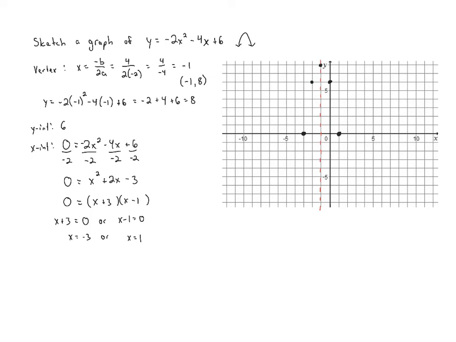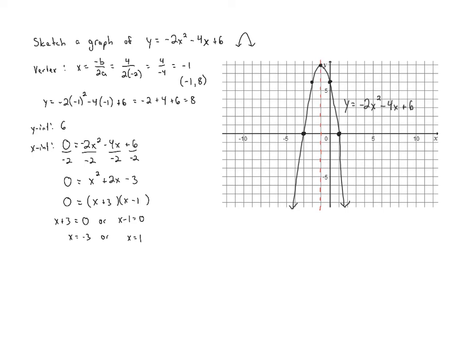So we've just used that symmetry. We didn't do any calculations. We used the symmetry to get one more point, and that is nice because it helps guide us as we draw our beautiful parabola like that. And this is the graph of y equals negative 2x squared minus 4x plus 6.